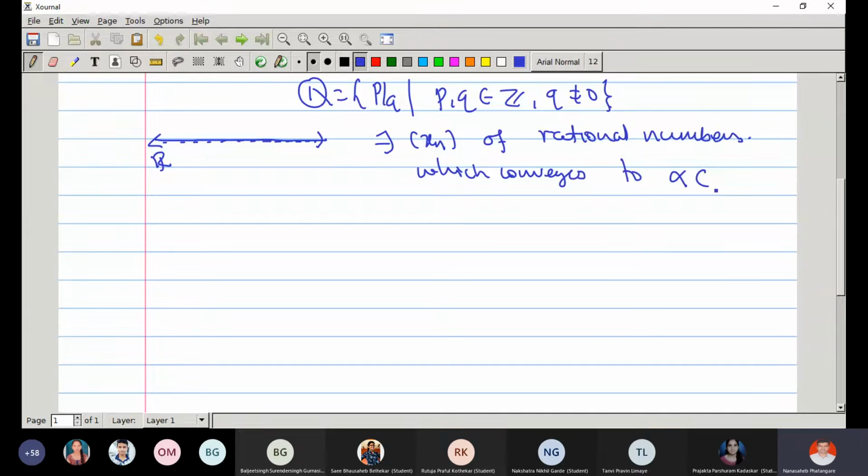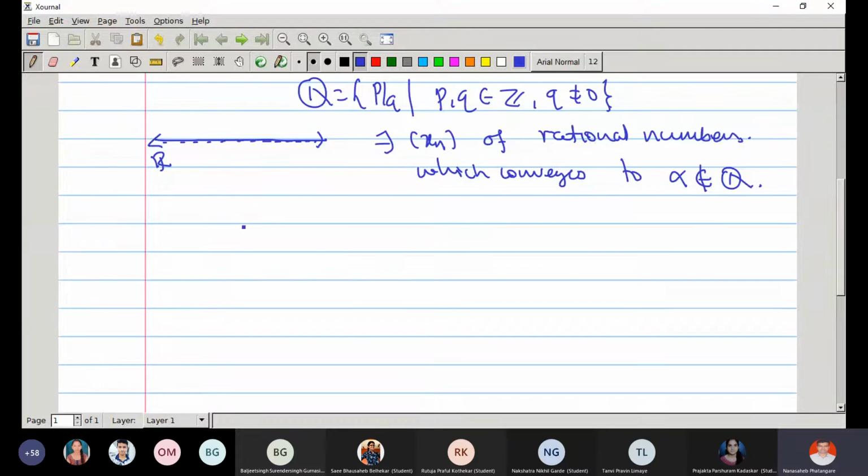Do you understand the meaning of this sentence? Yes, sir. Right.